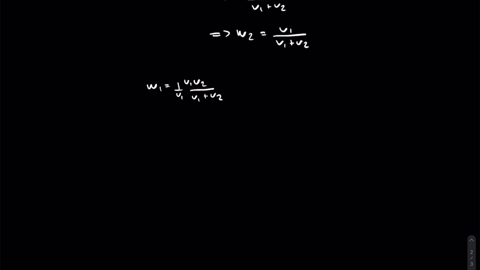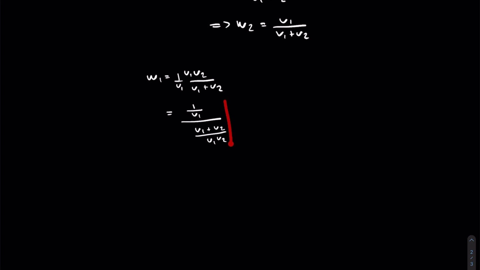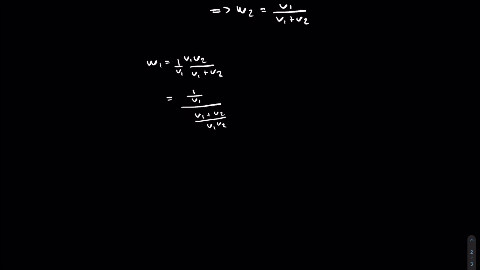Okay, and so what we have here is that this is the same thing as 1 divided by the variance of 1, and this is the same as the variance of 1 plus the variance of 2 divided by variance of 1 times variance of 2. You can just use basic algebra manipulation in terms of the rules of division, and this whole thing then is variance of 1. We can open up so that this number is expressed with that.